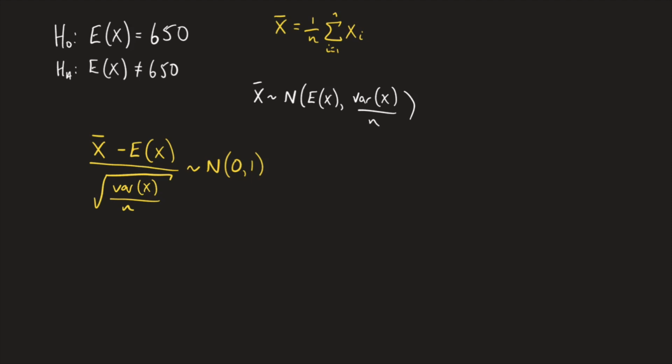The problem is we do not know what the variance of x is, and so we're going to need to estimate it. We know that s squared, which is equal to 1 over n minus 1, times the sum of the squares of the deviations of the observations of x away from the sample mean, is an unbiased and consistent estimator of the variance of x.